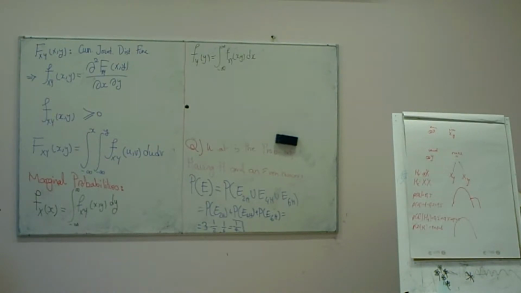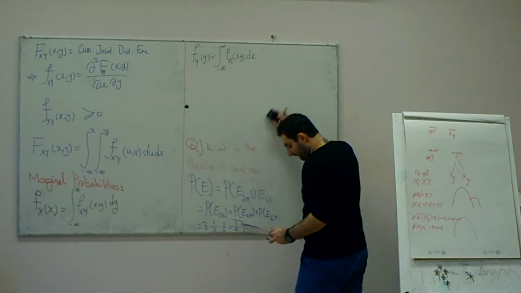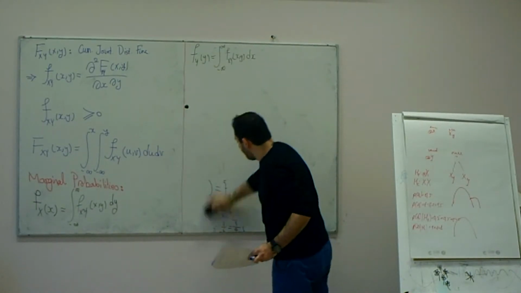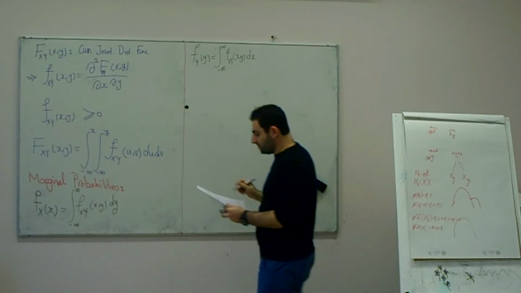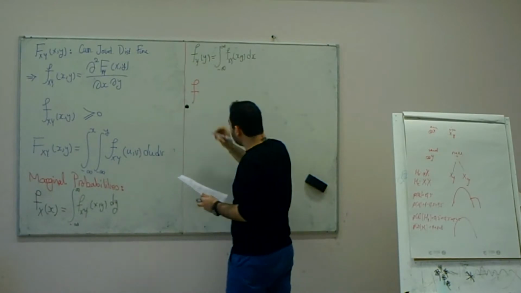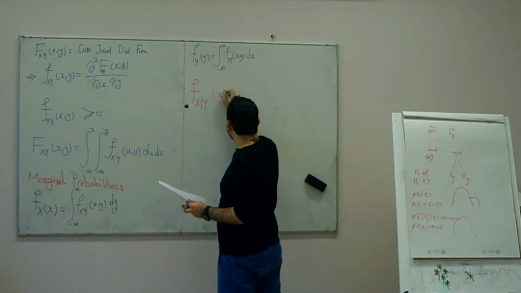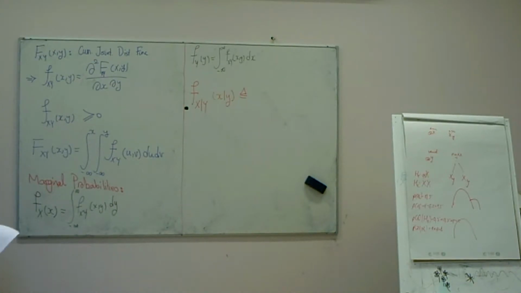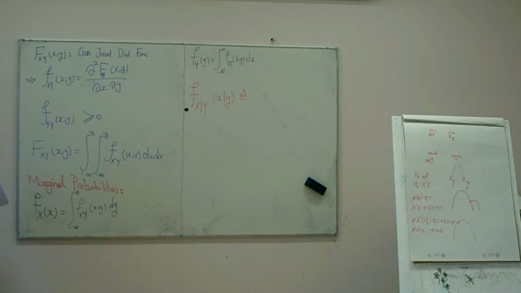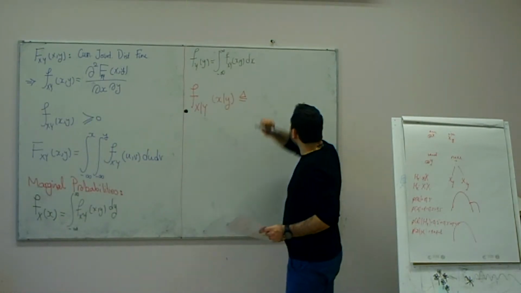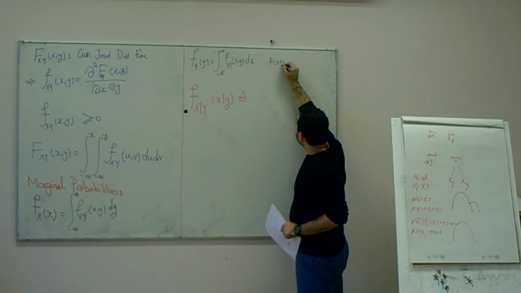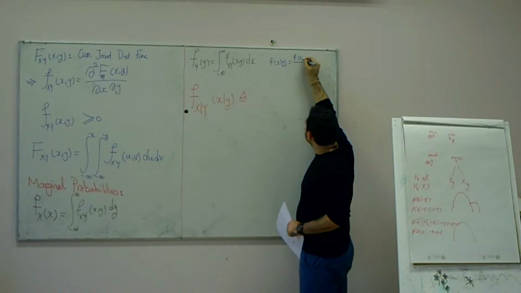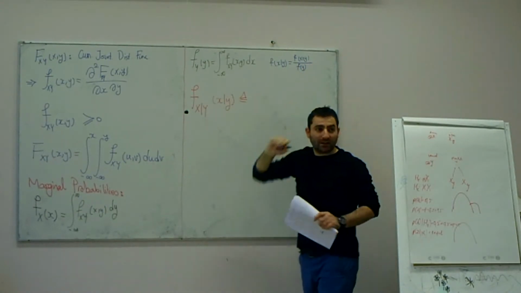Now, we have another important rule that we need to know, and this is how we define this notation. And the conditional probability.